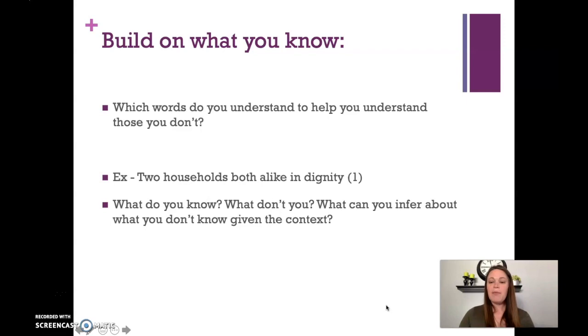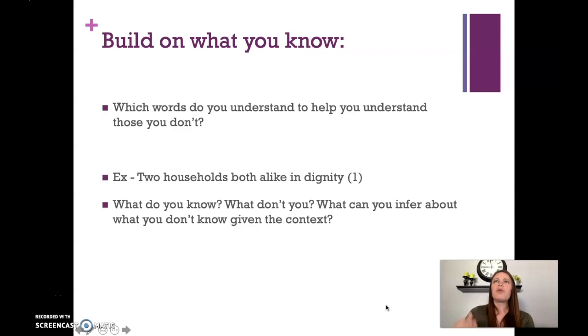In dignity. Now, I think most of you guys know what the word dignity means, but that's a weird way to say things, right? Like two families both alike in dignity. That's not necessarily the way that we would say that. So at that point, you would probably go back to thinking about what that word means. If you think about dignity, it has to do with respect. So they're alike in respect. Okay, that still doesn't totally make sense.